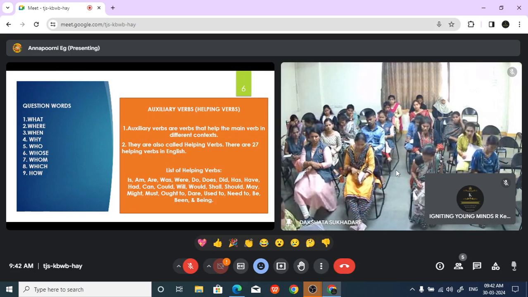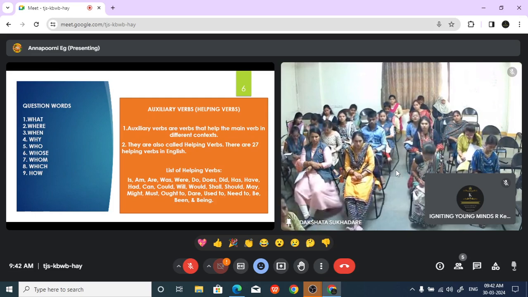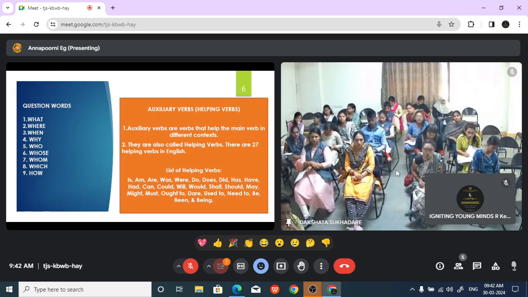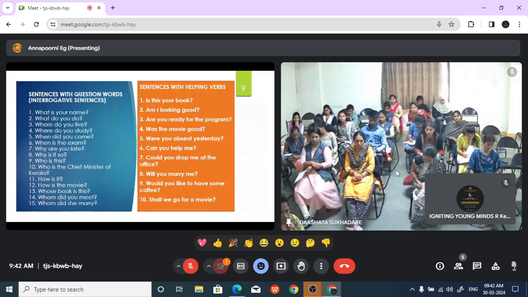So these are the 27 auxiliary verbs used in English. In the starting, it was only 24, but now it has become 27. Initially there were only 24 helping verbs, but now 27 is accepted everywhere.